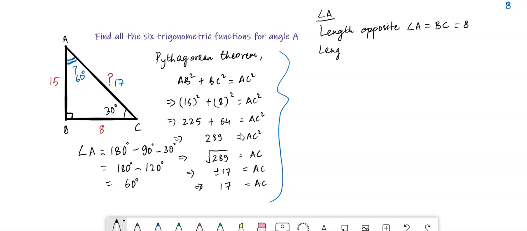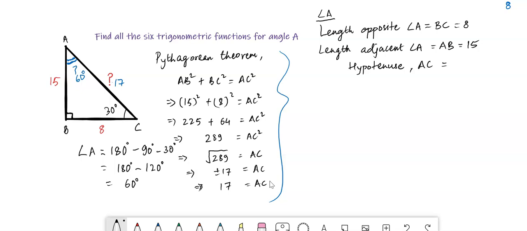The length adjacent to angle A is AB, which is 15 units, and the hypotenuse is AC.